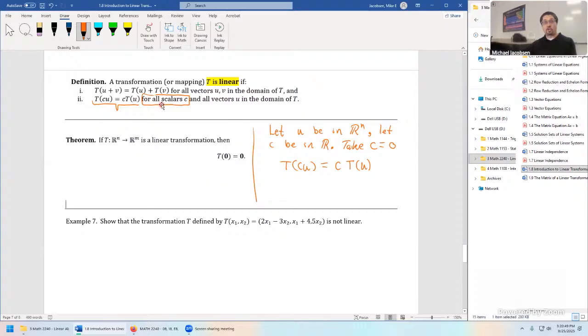But part 2 works for all scalar c, and we took c equals 0, then this implies T at 0 scaling the vector u is equal to 0 scaling the vector T of u, whatever this output is in the codomain.